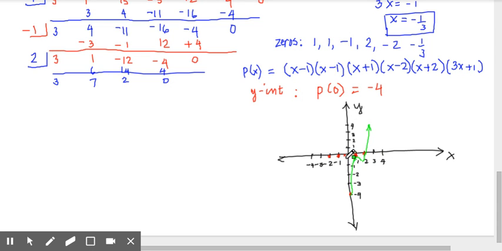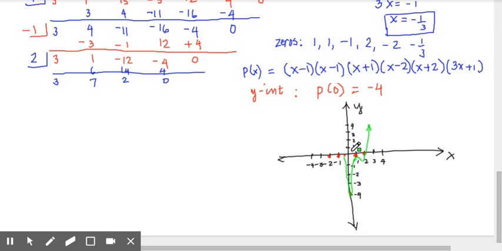Now, the next destination for this is the negative 1/3. Okay, so we're going to go there.